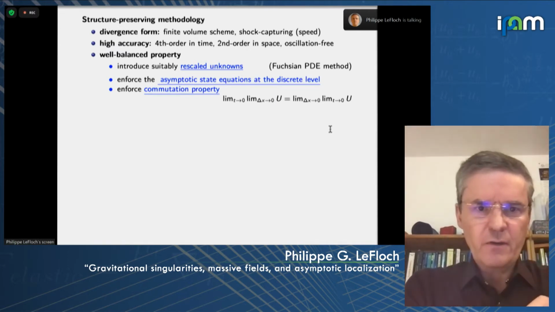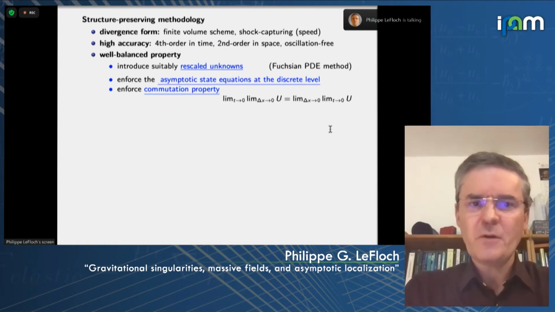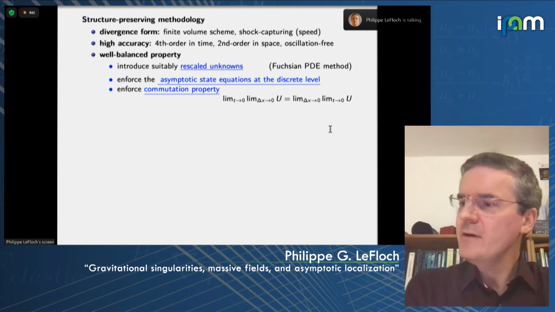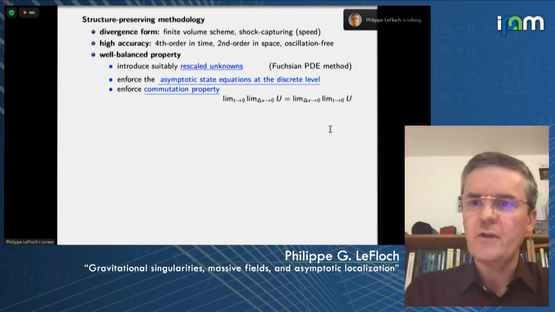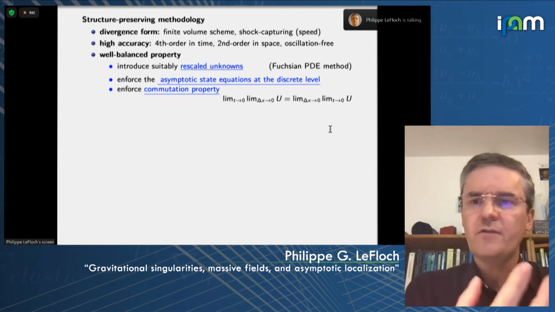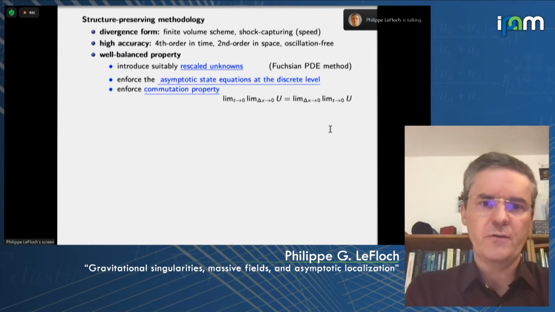Then certain asymptotic state equations should be input at the discrete level. The asymptotic analysis will tell you that certain terms are negligible when you approach the singularity, and you have to make sure that your scheme is consistent with this intuition and the ansatz that you are able to build.